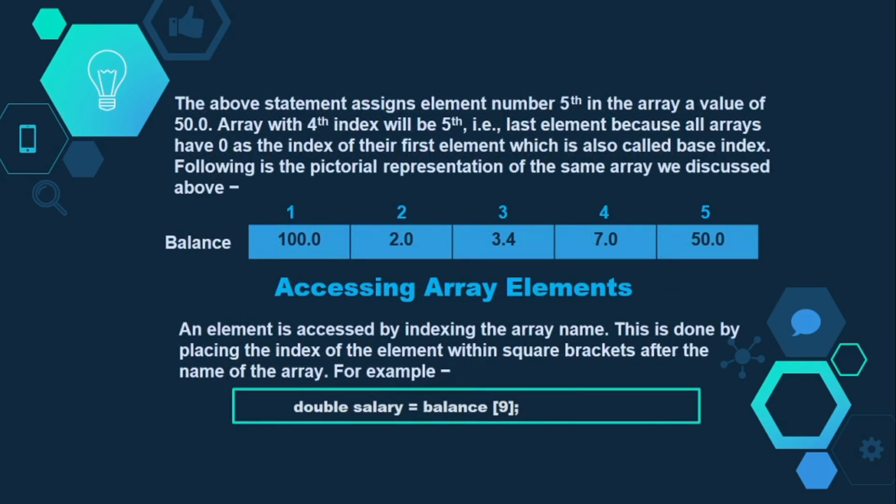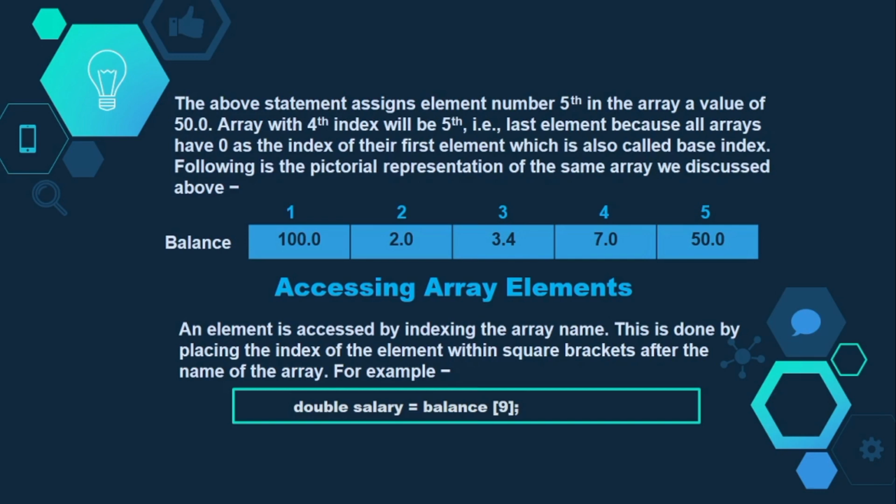The array with 4th index will be the 5th element, for example the last element, because all arrays have 0 as the index of their first element, which is also called the base index. Following is the pictorial representation of the same array we discussed above. So here, the balance: index 1 is 100.0, index 2 is 2.0, index 3 is 3.4, index 4 is 7.0, and the last index has 50.0.